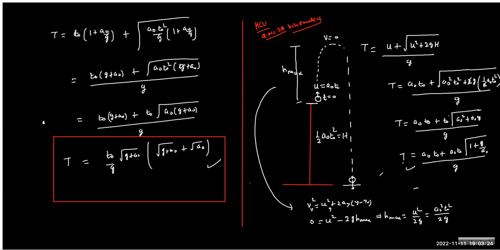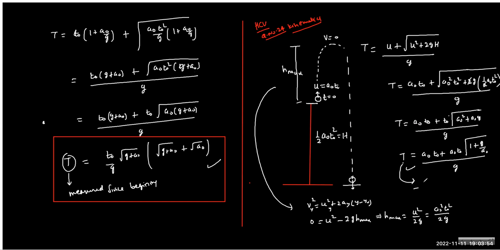The difference was due to this: this T is measured from where? Since beginning. And this T is from where to where? It is not from beginning, it is when the fuel is consumed.